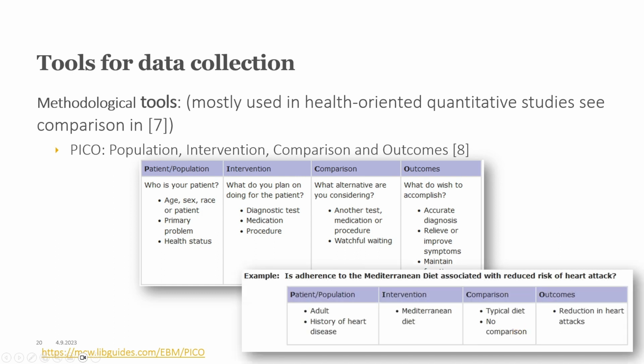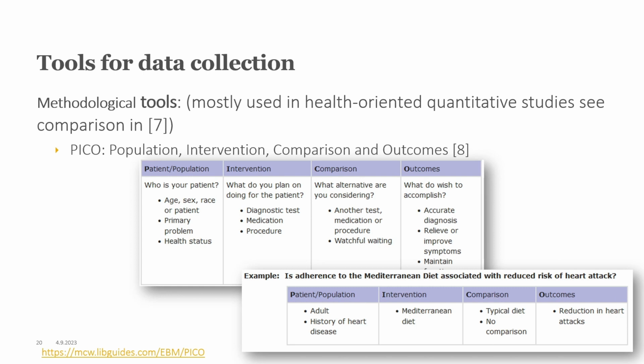For instance, let me show you an example. If one of the research questions is the following: is adherence to the Mediterranean diet associated with reduced risk of heart attack? That is the research question. So the PICO is going to analyze the type of variables connected with that research question.